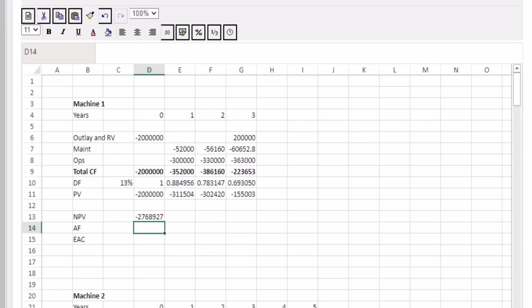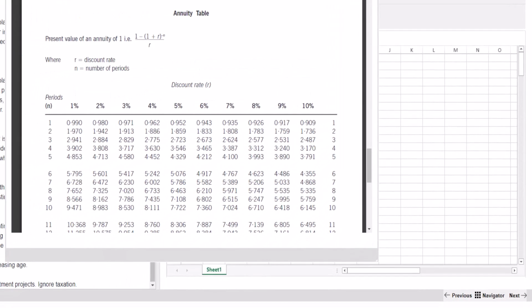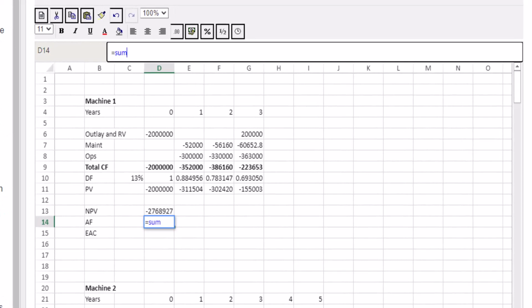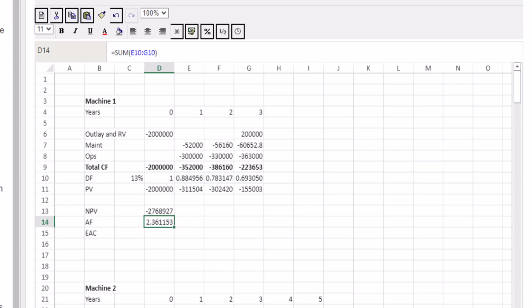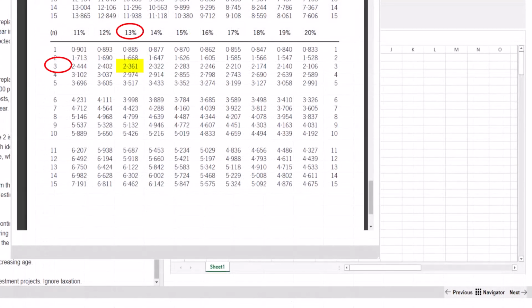You can again go to the tables, the annuity table here, and find it. Or you can simply derive it from the figures you've already got in your spreadsheet by summing those individual discount factors, which gives you the annuity factor of 2.36. As you can see, it's 2.36 in your tables.